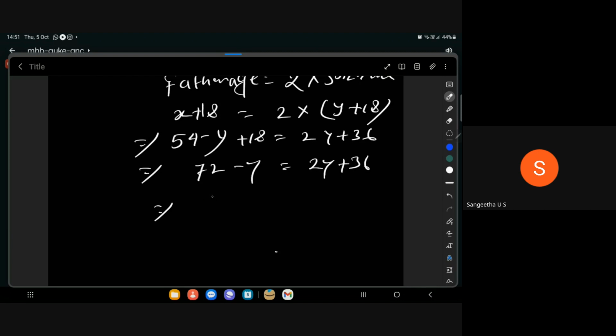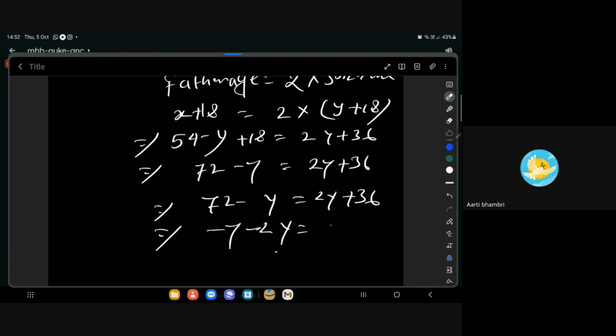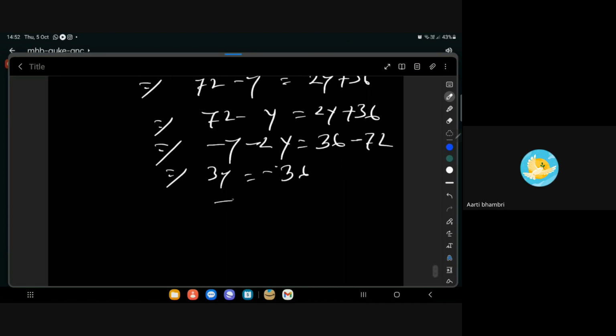One minute. 72 minus y equal to 2y plus 36. Now you have to write: minus y minus 2y equal to 36 minus 72. So 3y equal to 36 minus 72, and the minus signs get cancelled.